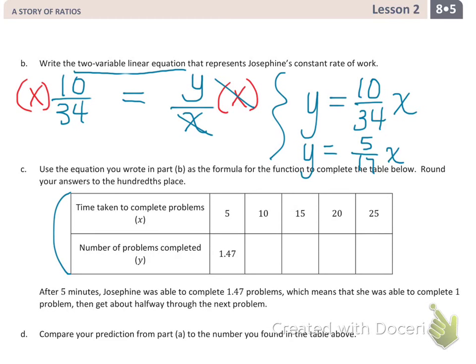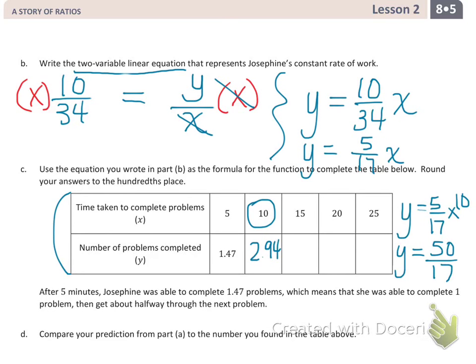If x is 10, then I've got y is equal to 5/17 times 10. So y is equal to 50/17. And that number, written as a decimal, is 2.94. So in 10 minutes, she can do just under 3 problems.